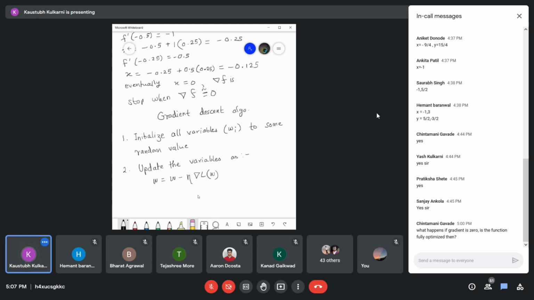Now in this case, if the gradient is positive, function is increasing, it will reduce w, it will move in the opposite direction. If the gradient is negative, that is function is decreasing, then it will keep moving in the same direction, that is w is equal to w plus.